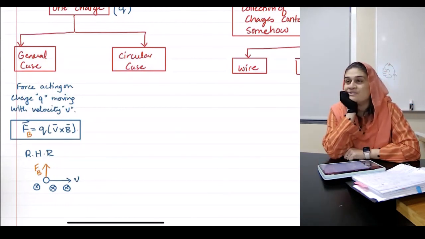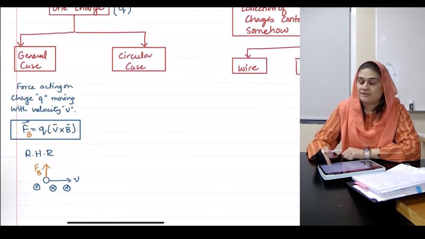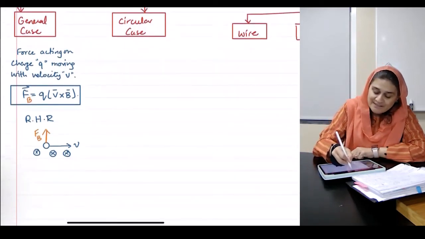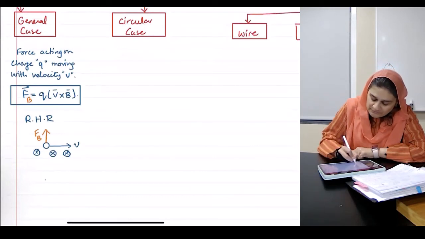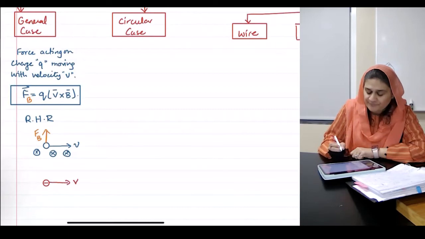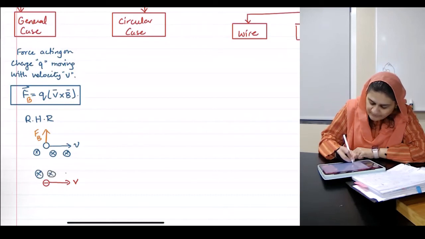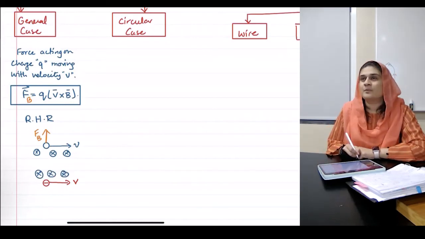Now, what happens if this is a negative charge? So same exact scenario, but the charge itself is negative. And the B field is exactly the same into the paper. Where will be the force?